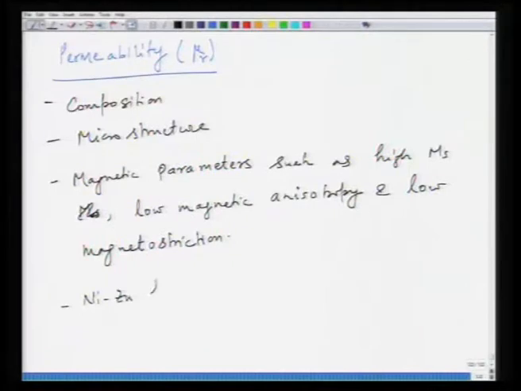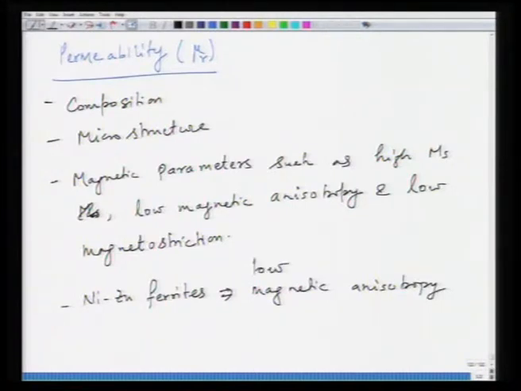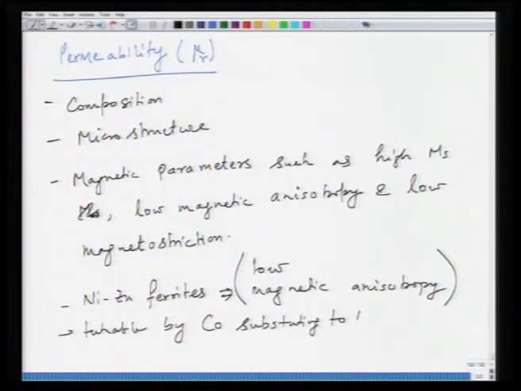Now in case of nickel Zn ferrites, this magnetic anisotropy is low, and this can be adjusted, it can be tunable by substituting small amounts of cobalt to nickel.